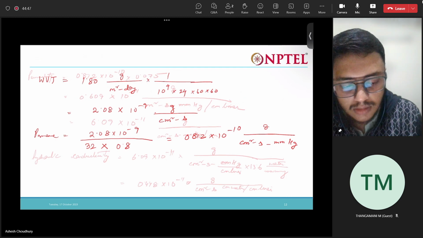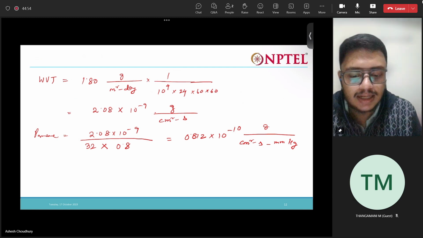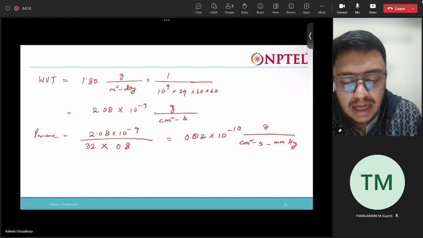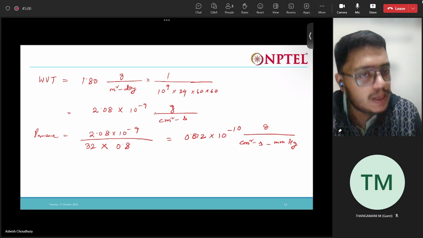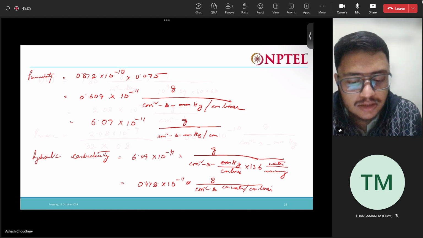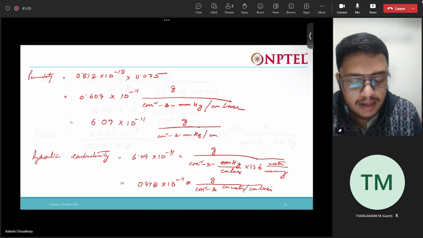This is a very fast portion. It is easy to understand. See, up to this gram per cm square per second, then you have gram per cm square per second per mmHg. This mmHg then we multiplied by length, the thickness of liner, so per cm thickness of liner.